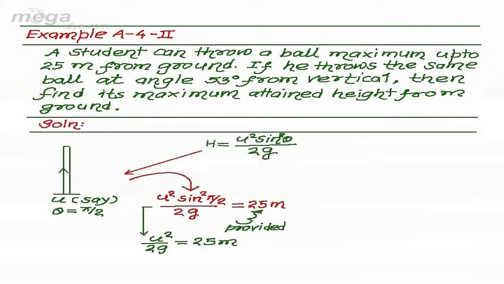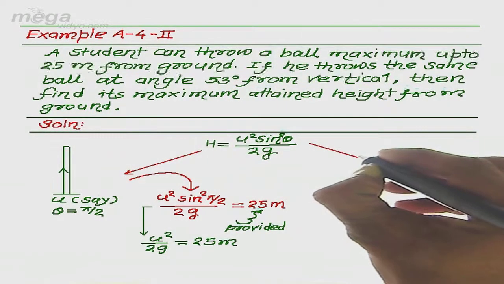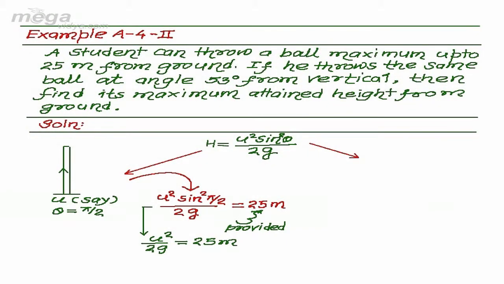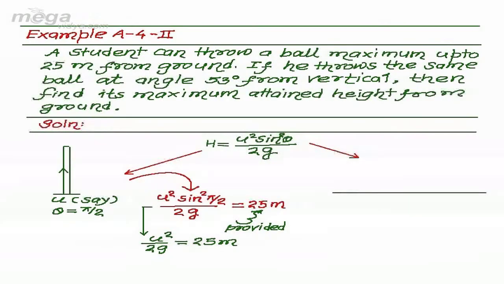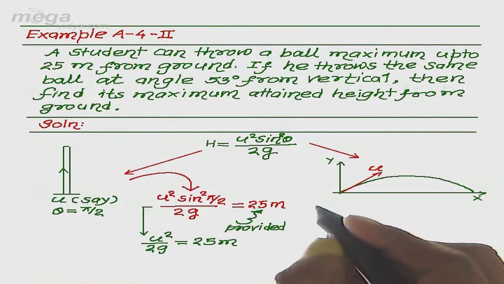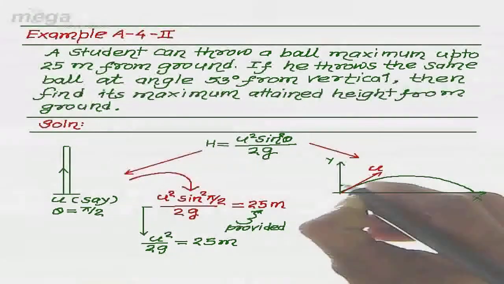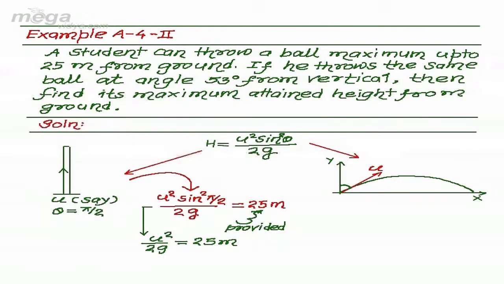Now for the situation illustrated in the example for the second event, the angle of projection is 53 degree from the vertical. Here the same ball has been thrown at some angle, but the important thing is that the angle of projection 53 degree is given from the vertical.